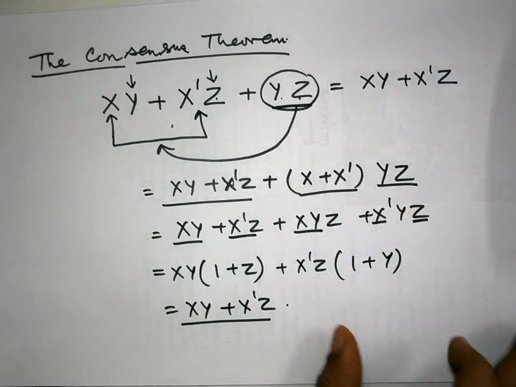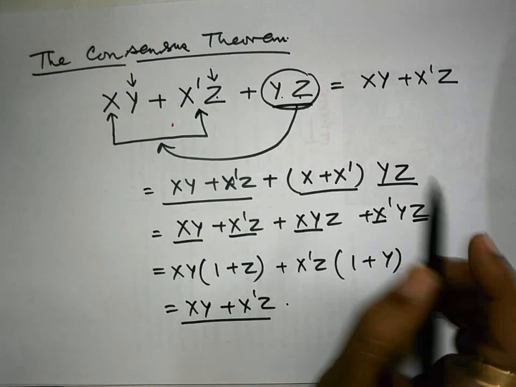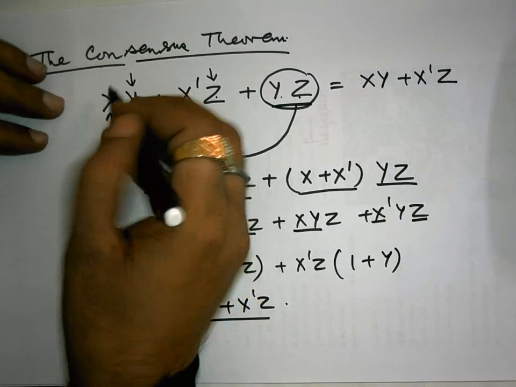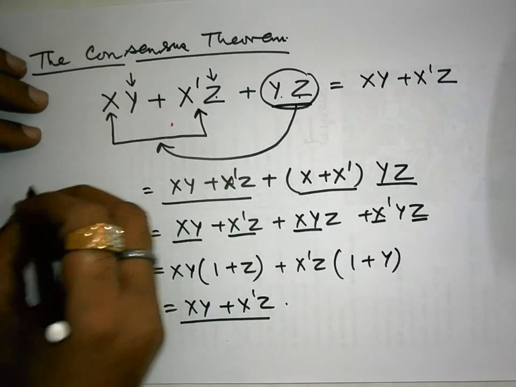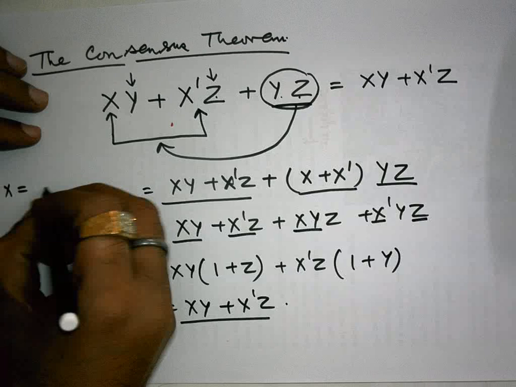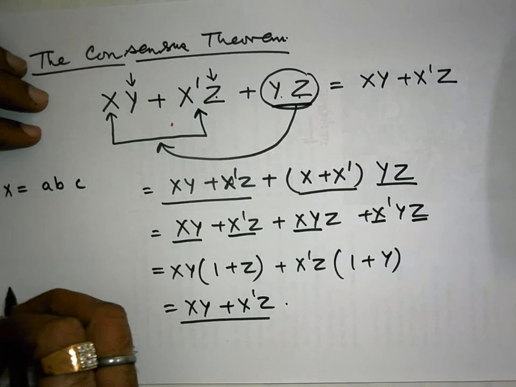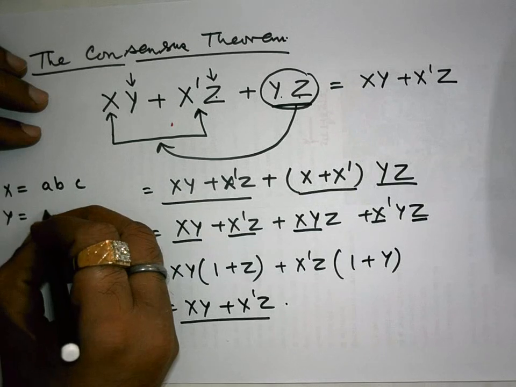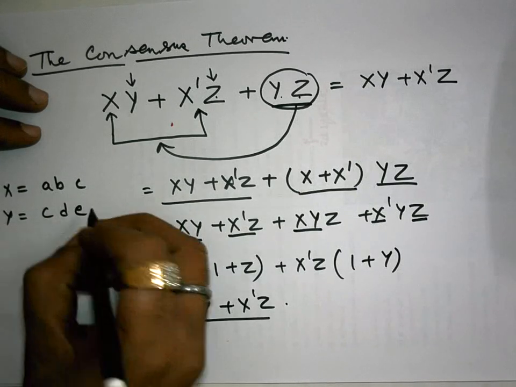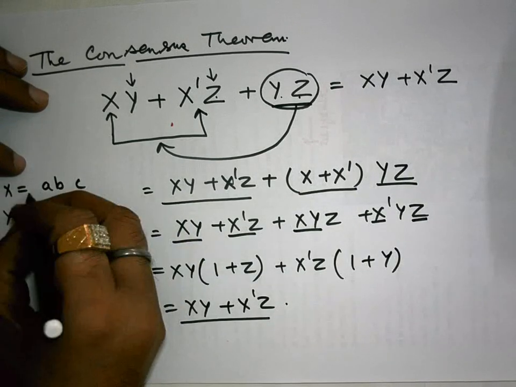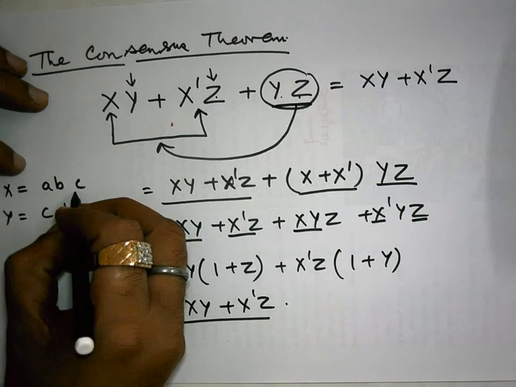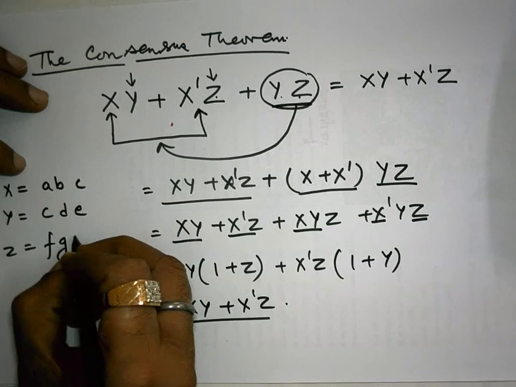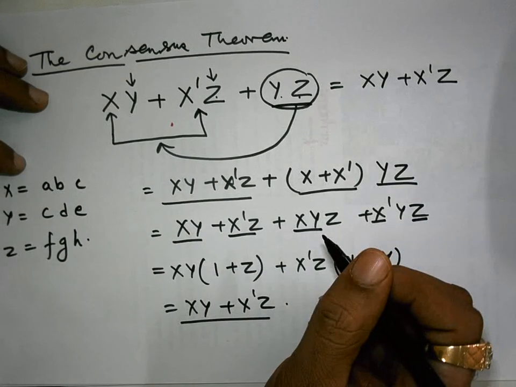In competitive examinations they give you a very big expression consisting of terms like this. Suppose I write x equal to say abc, and y equal to another term cde, and z equal to say fgh, a third term.